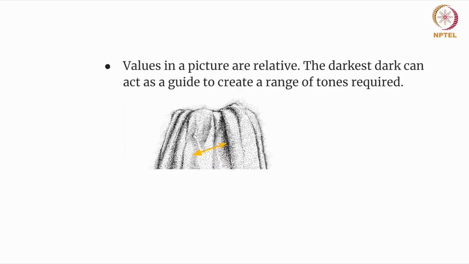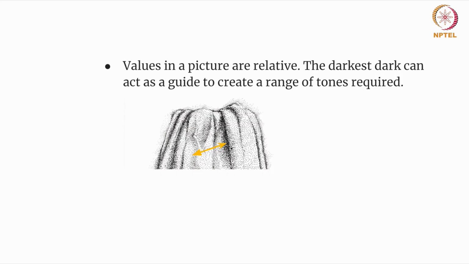Another thing is that the values in a picture are relative, and the darkest darks can act as a guide to create the range of tones required. If you look at this image, this is the darkest one.